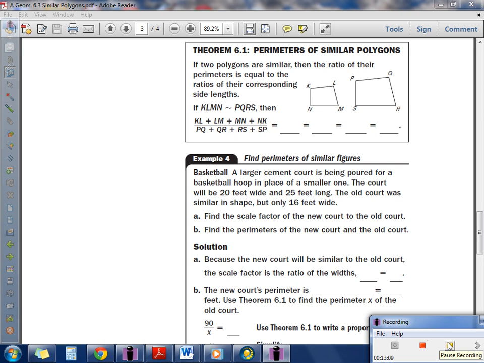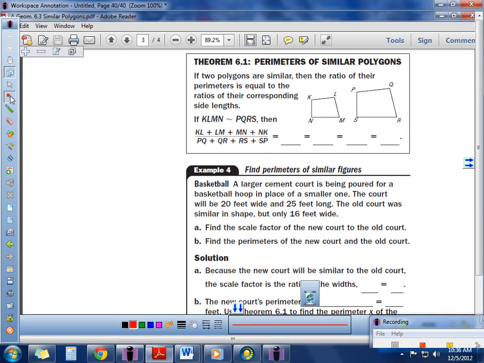The next thing we need to talk about is the perimeters of similar polygons. Whenever you're talking about perimeter, you take all the side lengths and you add them together. So that's what they've done here in this fraction. They've added all of these together from this picture and all these sides together from this picture. And the cool thing is, this will simplify to just the same as a side length over each other.